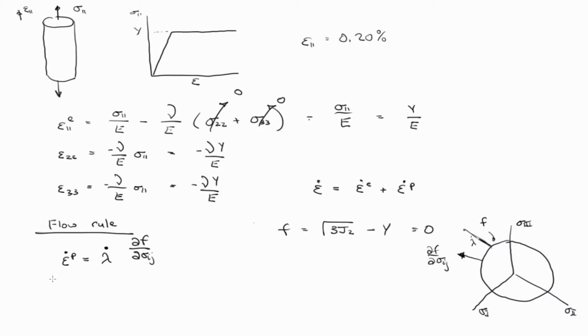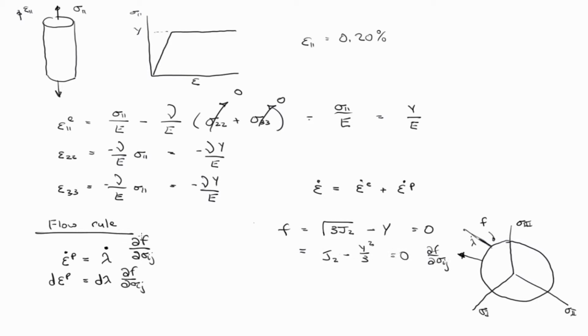We can also write this in an incremental form. So for this yield surface, I can also write this guy as J2 minus Y squared over 3 equal to 0.